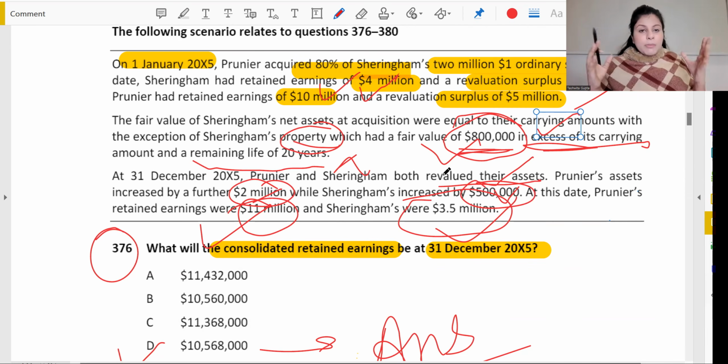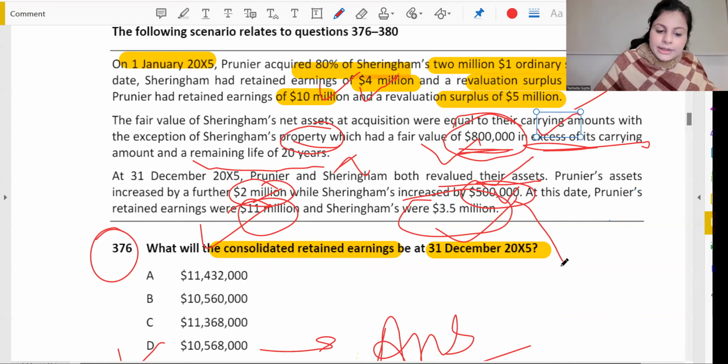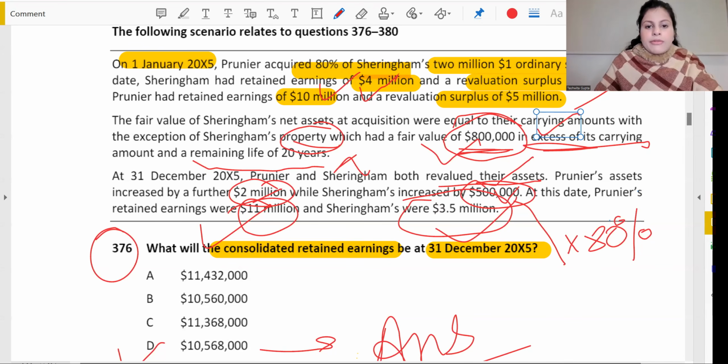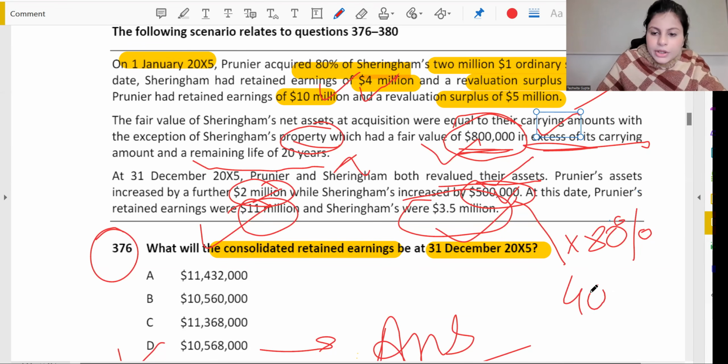So they have given me the post-acquisition movement: after acquisition, the subsidiary's total revaluation is 5 lakh. So how much share will the parent have in it? What is 80% of 5 lakhs? 400. Very good.